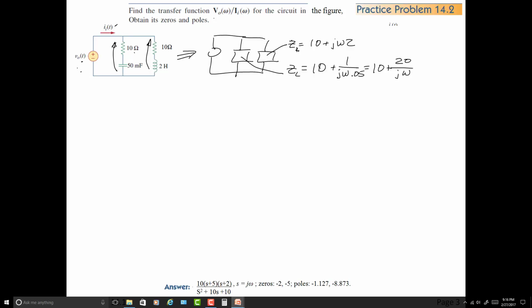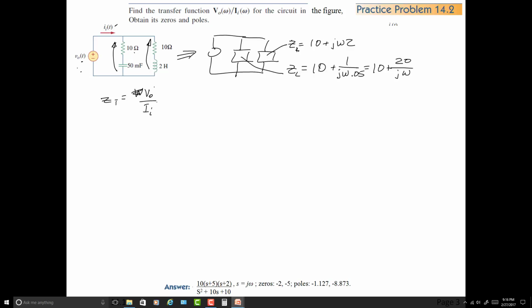Okay? And now the transfer function, if we're looking for the I, is really one of those impedance transfer functions, right? Where Z total, how could we write this? Z total is equal to V0 over I0, right? That's just Ohm's law.